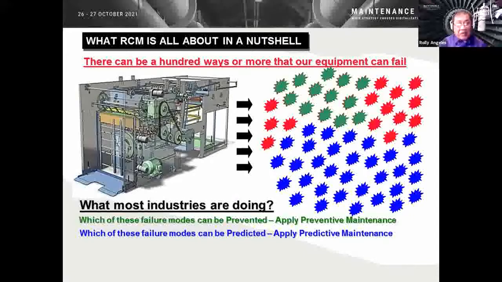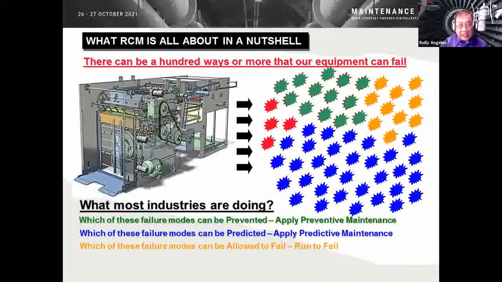Now, there will be failures that cannot be prevented, and likewise cannot be predicted. But when the failure does happen, the consequences are low, or it can be allowed to fail. So we just identify them and allow them to fail, because their consequences are not of that great impact.